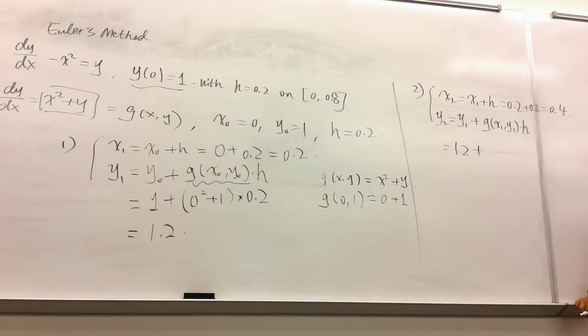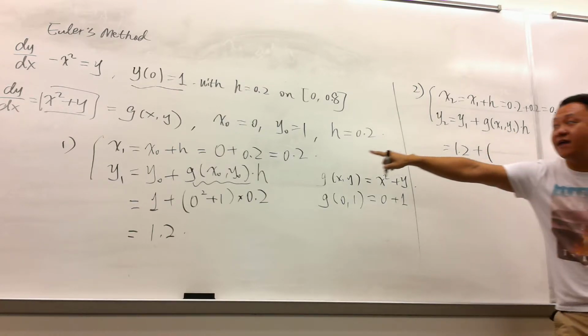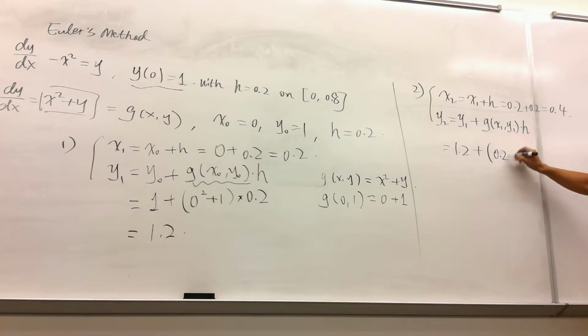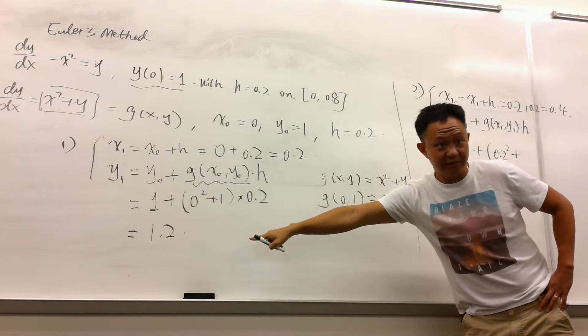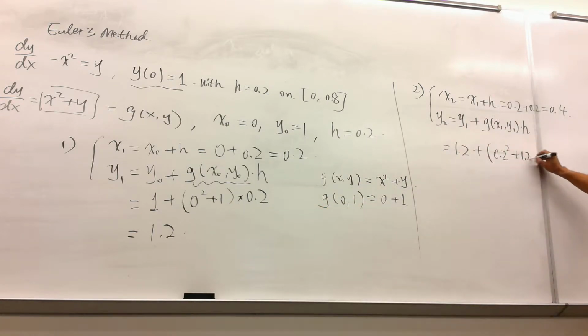Is g always the same? It's always x squared plus y. So x1 squared, x1 is 0.2, so 0.2 squared, plus y1, which is again 1.2, and then you multiply by the step length, 0.2.